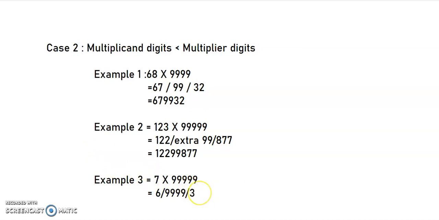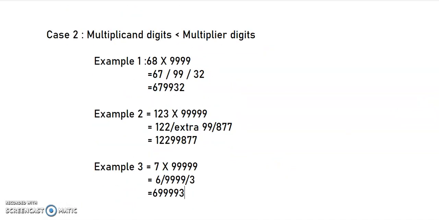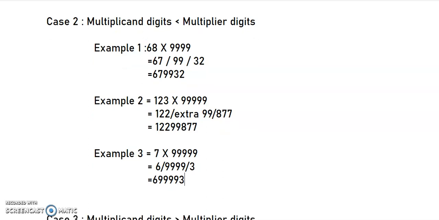This is the answer: 6, 4 nines, 3. Hope you are enjoying this technique, because it is easy to write. The more we practice, the faster we will get.